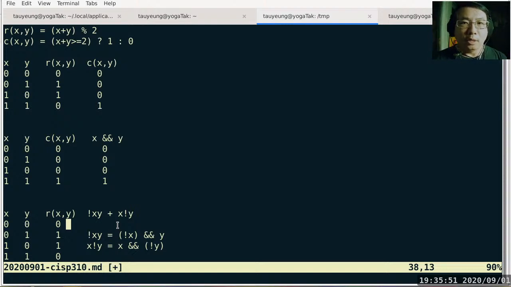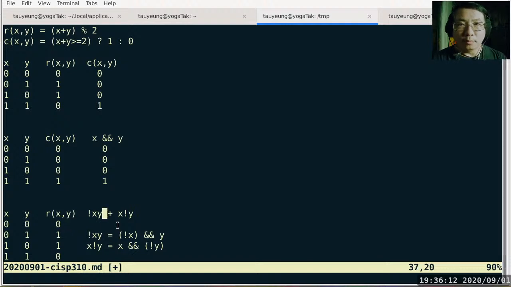In other words, if I do not use parentheses, you perform the negation first. So negation has the highest priority, the exclamation point. The next one is going to be the multiplication, which in this case is a conjunction. And then the lowest priority is the disjunction, which in this case is represented by the plus.